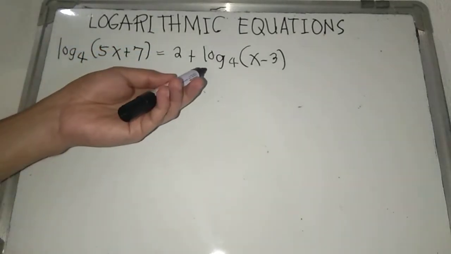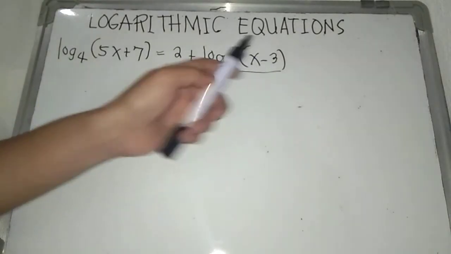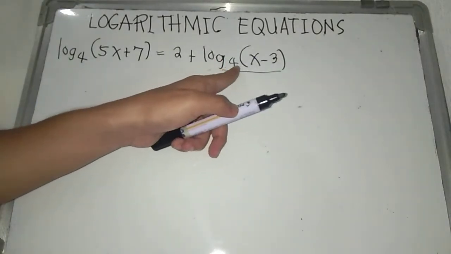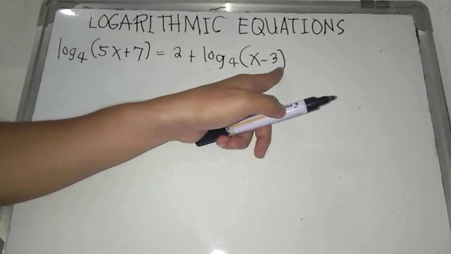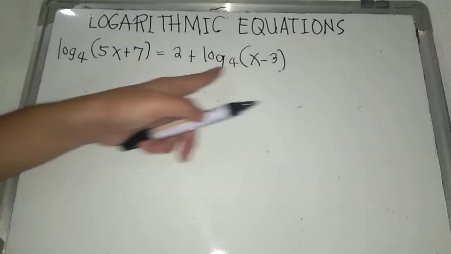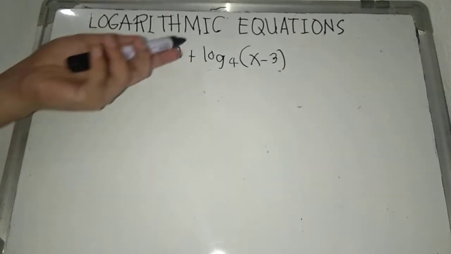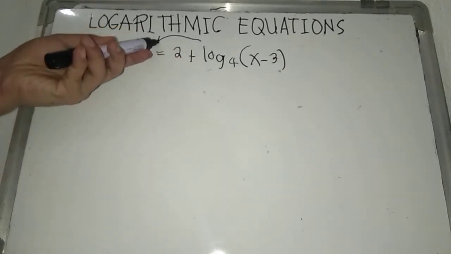So we are going to transpose or transfer this log expression here, because this is the first term and the second term, separated by an addition operation. You can actually transpose this to the left.